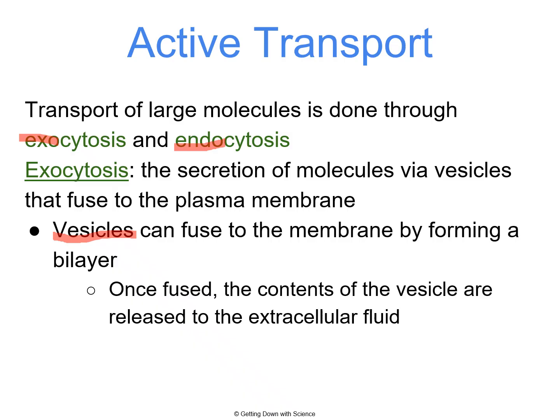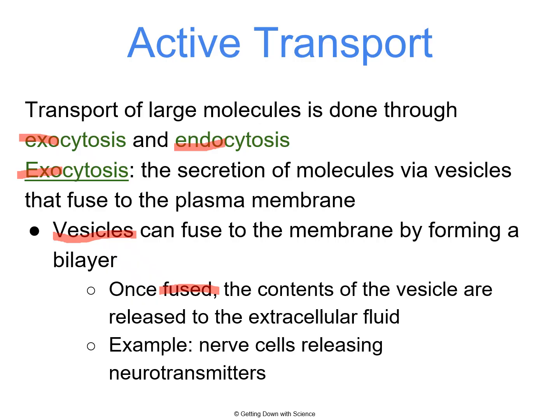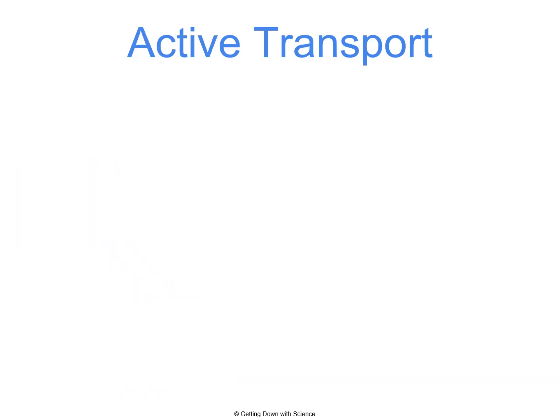They fuse to the cell membrane, and then once they fuse, they expel their contents and become a part of the cell membrane. Exocytosis is when these substances are exiting, so they're leaving the cell. An example of this is nerve cells when they release their neurotransmitters. Whenever neurotransmitters are released, this is typically how it happens.